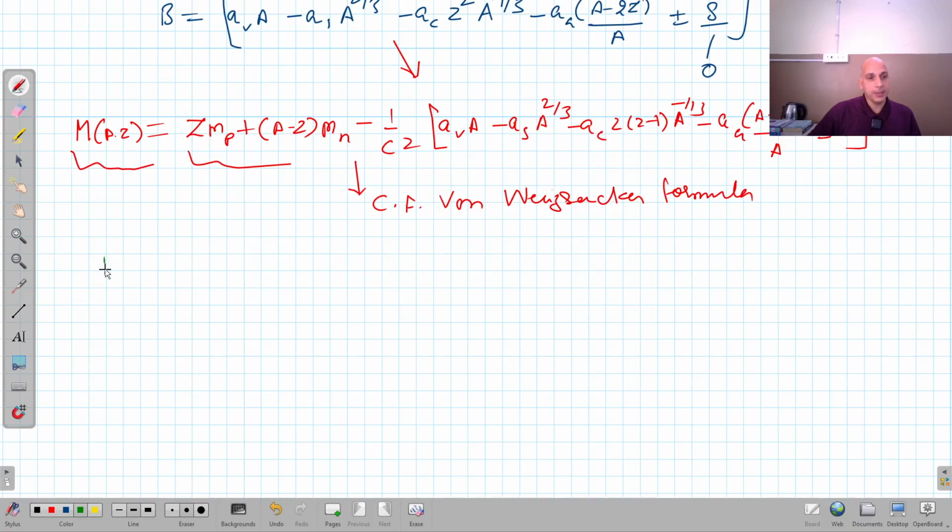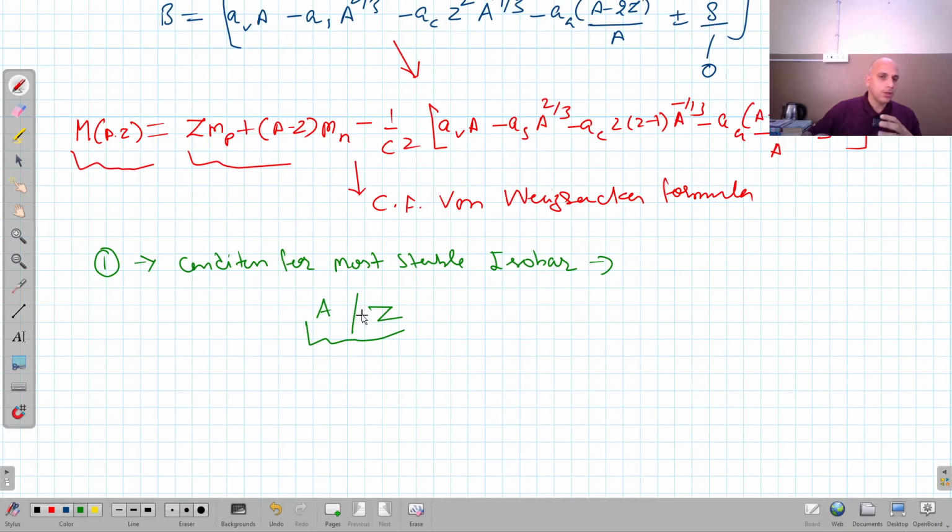The first application or implication of this semi-empirical mass formula is the condition for the most stable isobar. We know very well what isobars are. Isobars are those nuclei which have the same mass number but different atomic number.